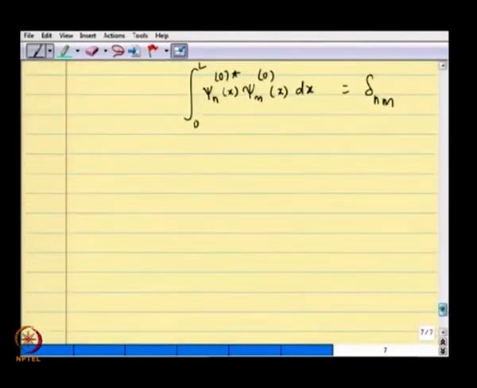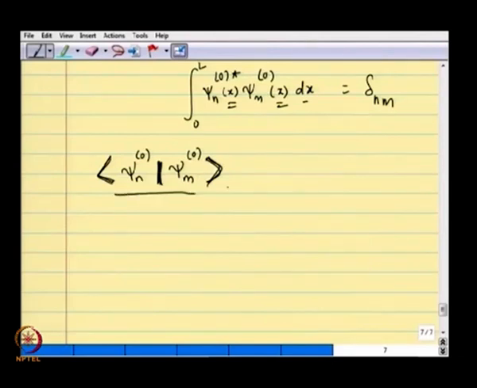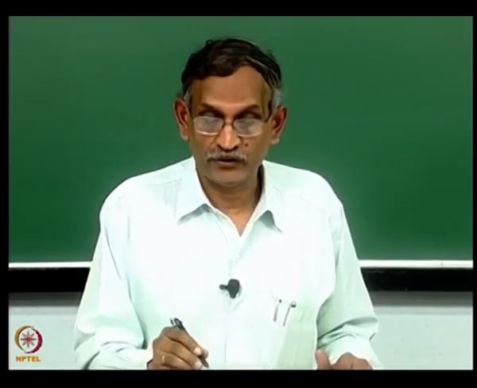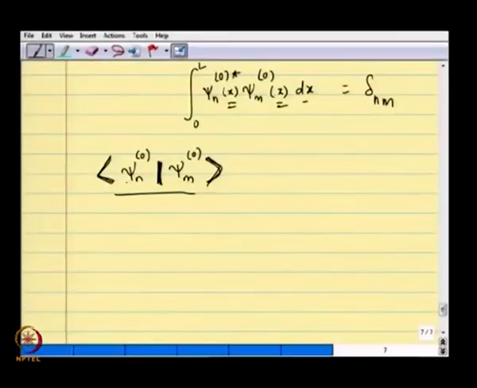Now before I close, I would just like to tell you that this is the same thing as the bracket of psi n 0 with psi m 0, where you have seen that the x's and the integral dx have all been taken care of by this notation. Okay, that is, the integration over all the coordinates is not represented, it is understood when you do this bracket, and what you have is an abstract sort of linear algebraic notation that the eigenkets are orthogonal to each other, and the eigenkets in the coordinate representation are orthogonal as given by this integral.